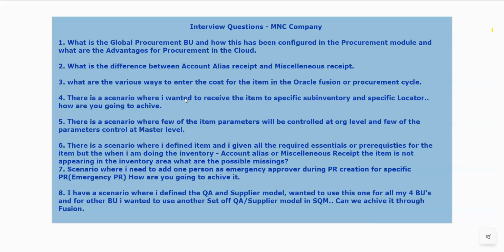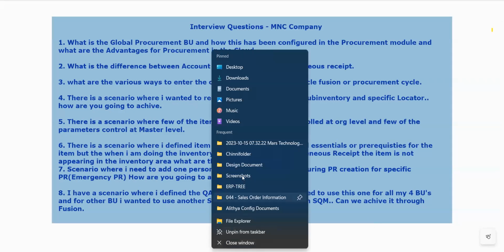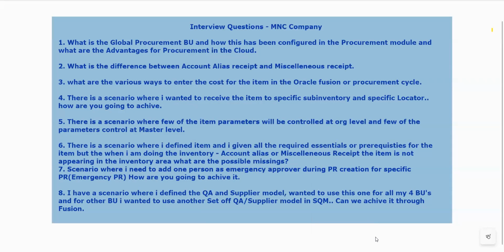And now there is a scenario where I want to receive the items to a specific sub-inventory and specific locator. Usually FMCG companies, or any company, let's say, just a layman example, you have a grocery store.